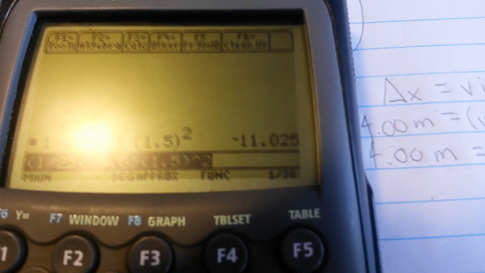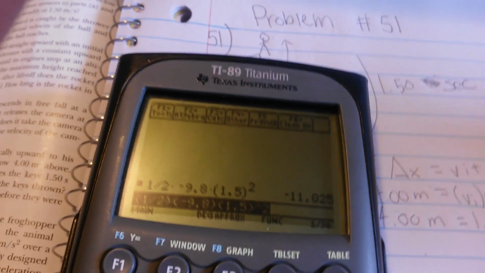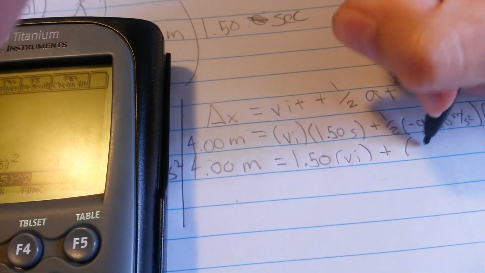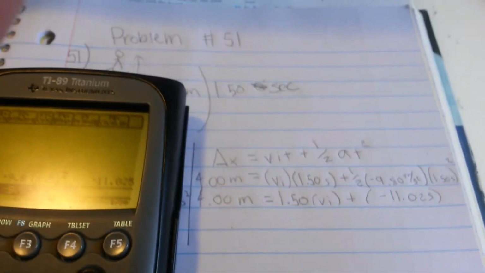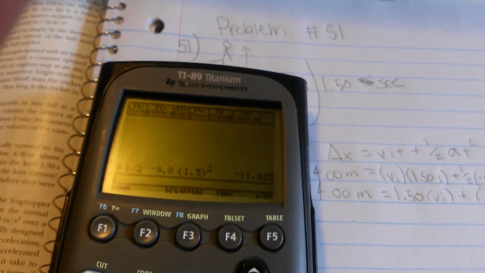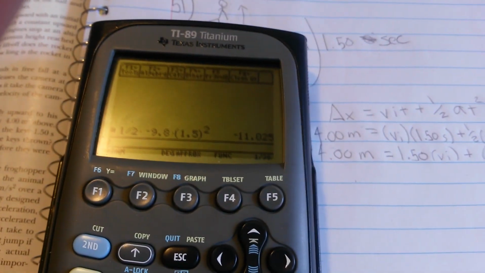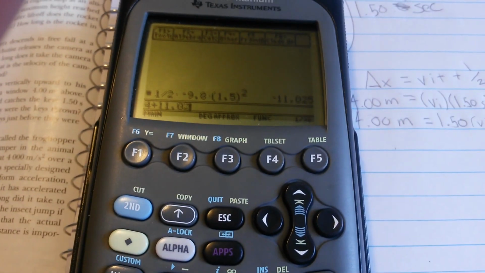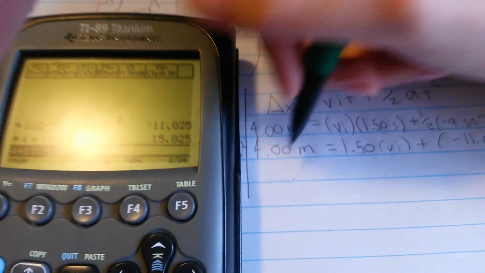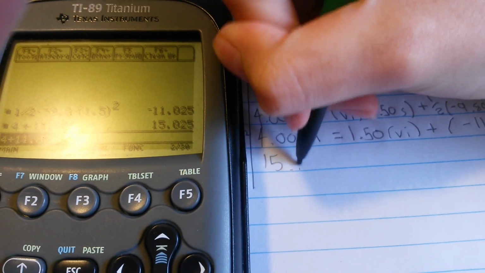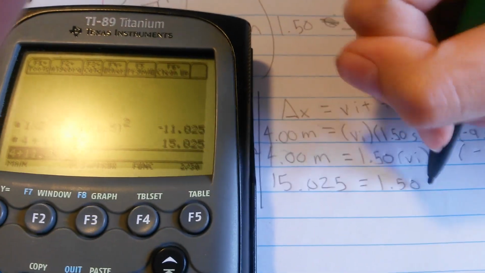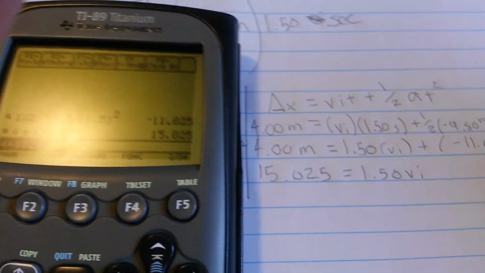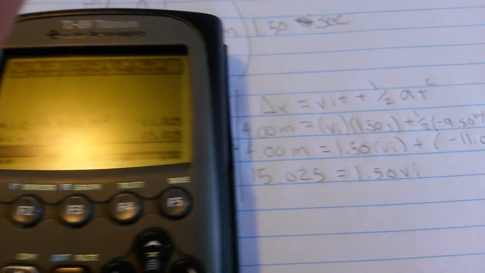That gives us negative 11.025, and then divide by 1.5 on both sides.